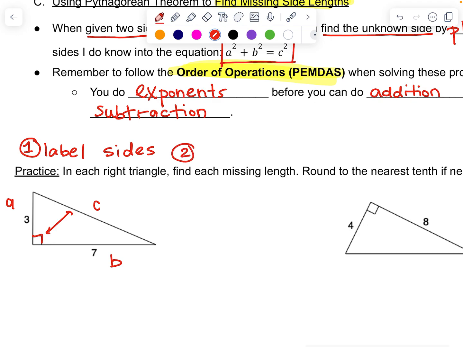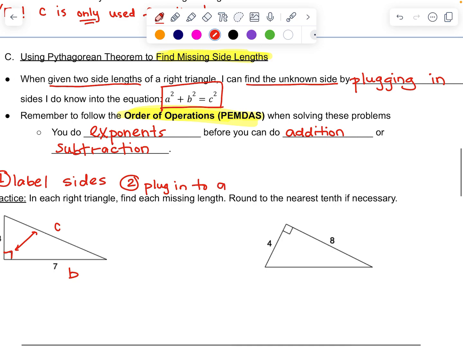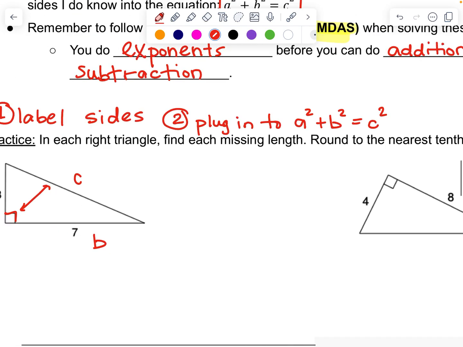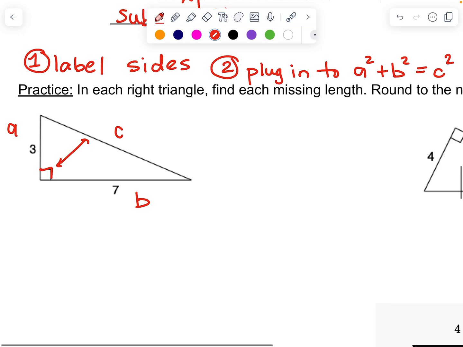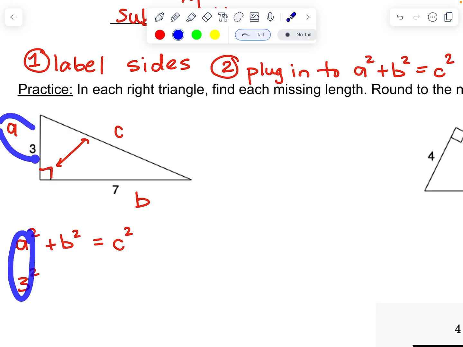Okay, step 2. Plug in to our equation. That's the A squared plus B squared equals C squared. Okay, so for this example, again, I've got A squared plus B squared equals C squared. Well, my A is 3, so I'm going to replace this A here with a 3.